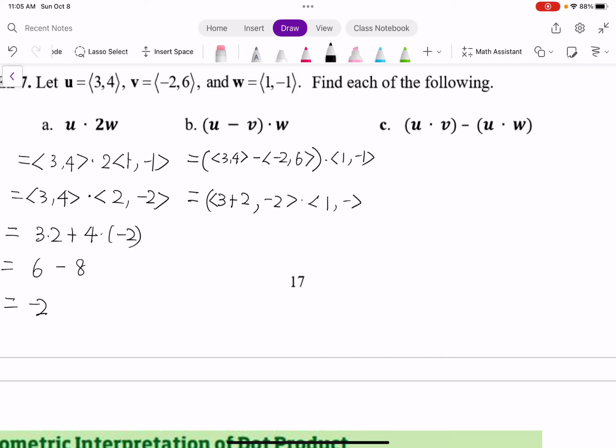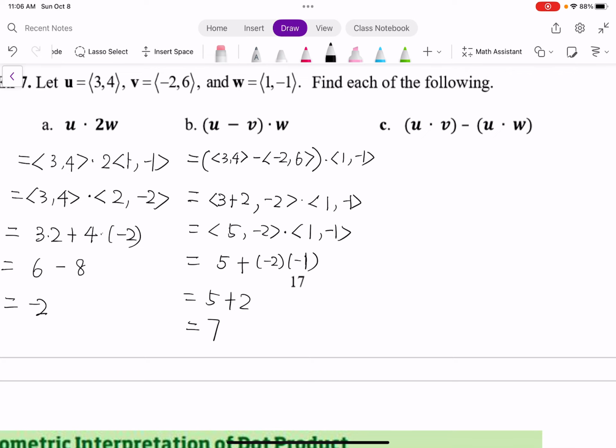I didn't simplify the first part. Okay, that is (5, negative 2) dot (1, negative 1). We have 5 times 1, 5, plus negative 2 times negative 1 is 5 plus 2.